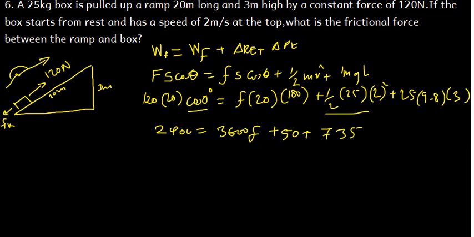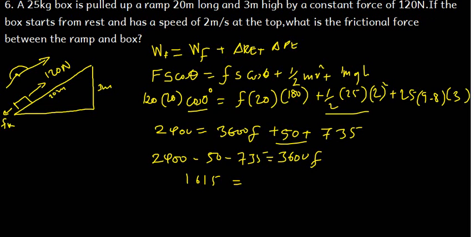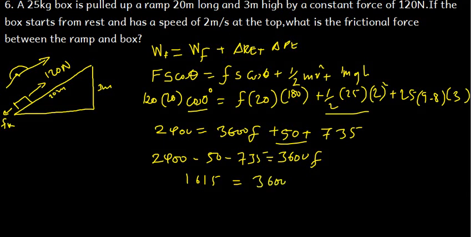So if I take these two over the other side, they're going to become negative, so that will be 2400 minus 50 minus 735 is equal to 3600 f. So 2400 subtract 735, also subtract 50, that is giving 1615, and that should be equal to 3600 f.